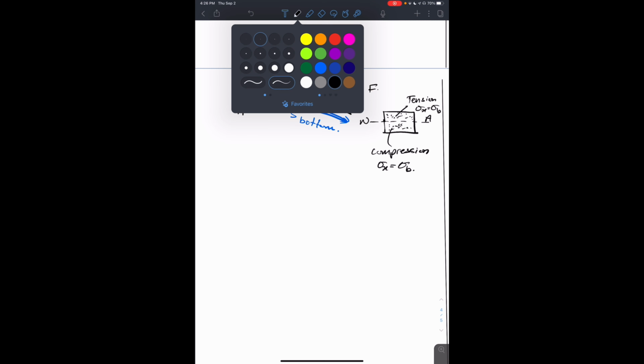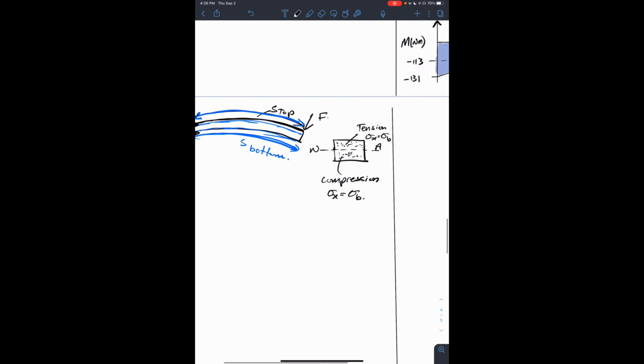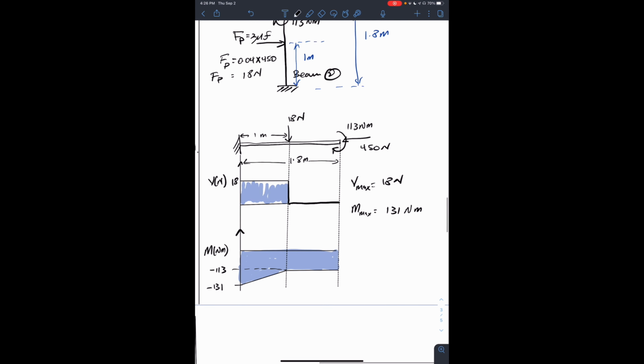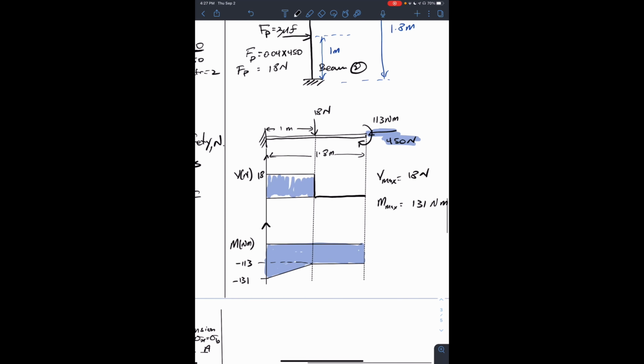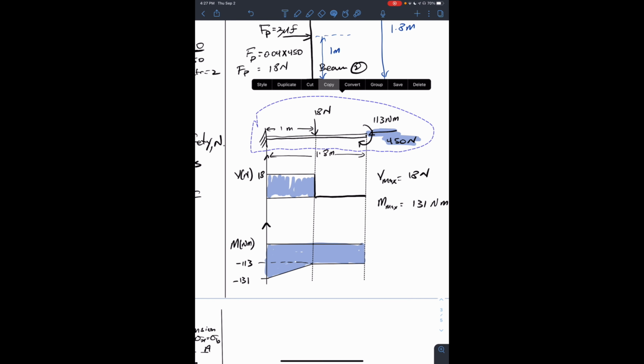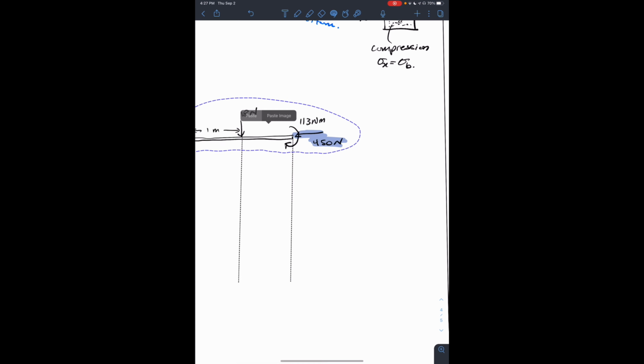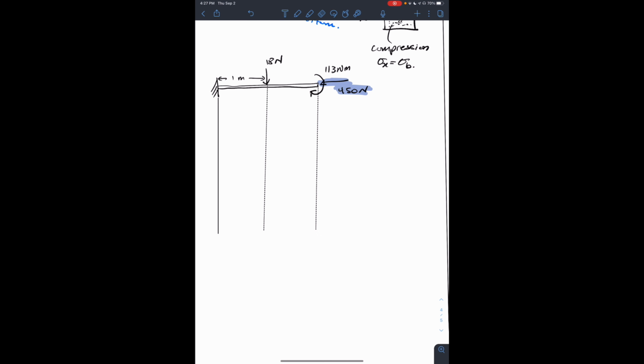So in our case, if we go back to the beam, there's this force here, 450 Newton, that is compressing the beam. Let's take this over here so we don't have to be going back and forth.